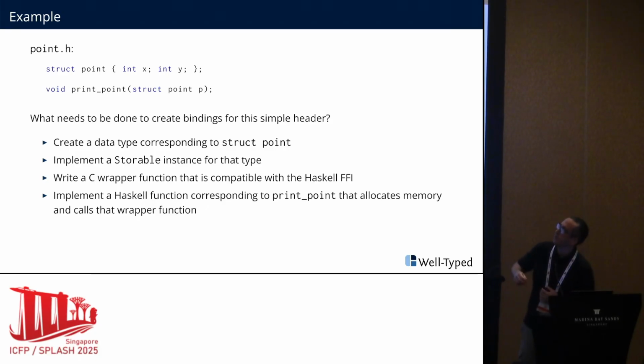So Haskell CFFI cannot use this function directly. Generally, you have to write your own wrapper function to work around that limitation. And then you need to write a Haskell function that corresponds to print point, that allocates the memory and calls your wrapper function.